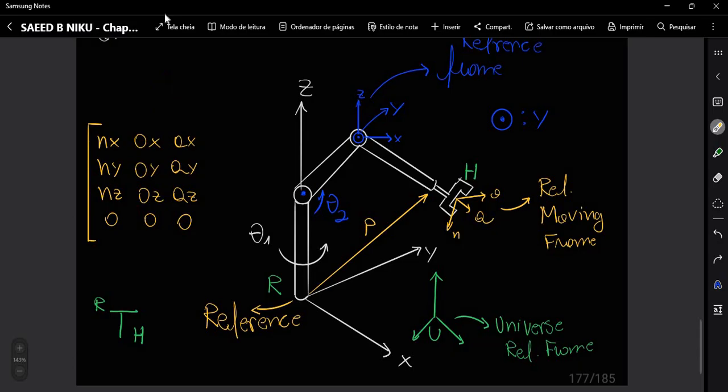And because of this, we can write these transformation equations, we can track the motion of this robot, and this is for the orientation. And this last column is for the position, so px, py, pz, and 1.